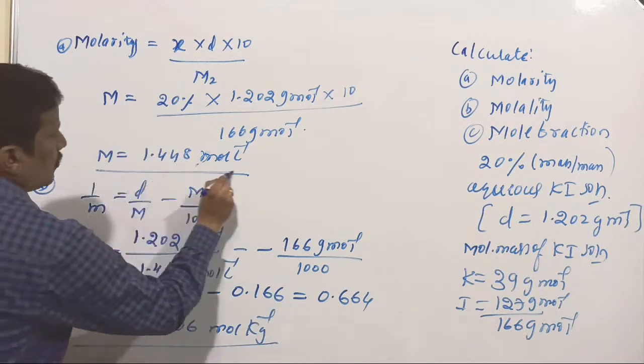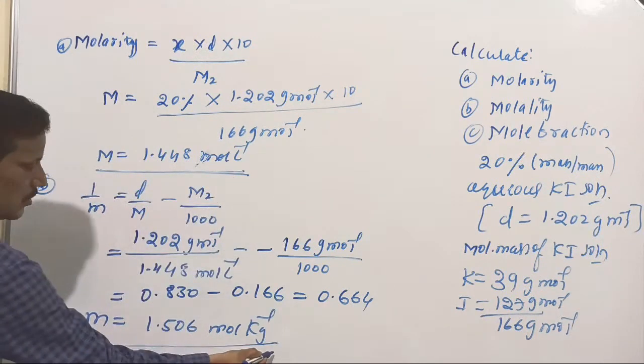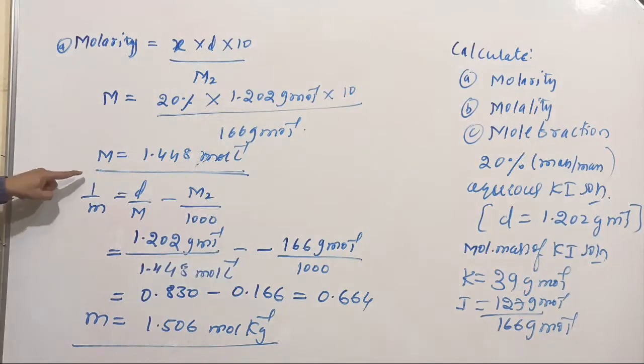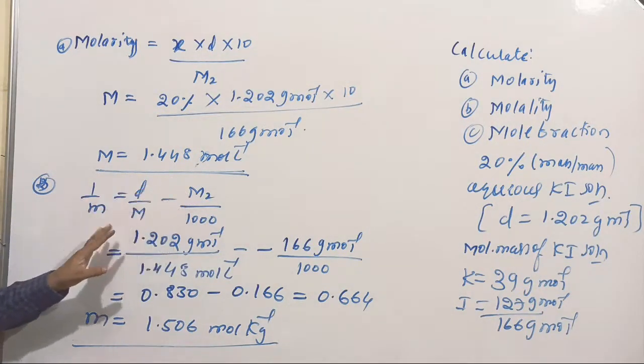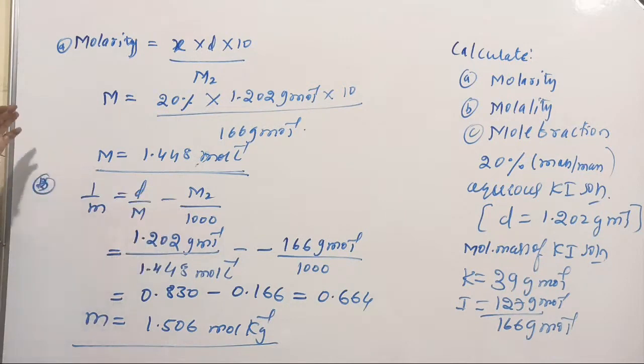So first one is molarity, using this: 1 by m is equal to d by M minus m2 by 1000. Molarity is calculated. They ask molality, so using that I have calculated small letter m, that is molality.